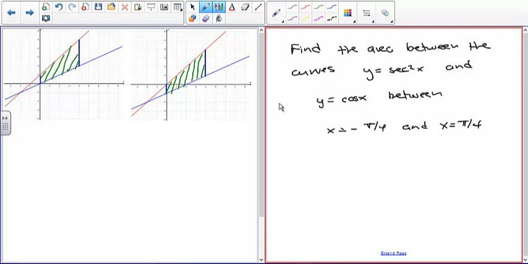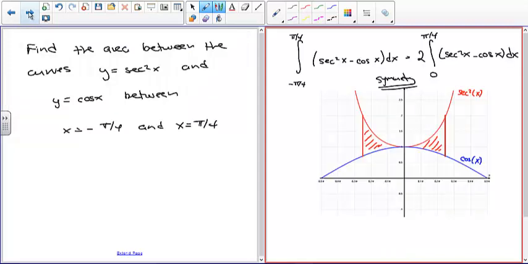At that point, unless you're some math savant, you may not know which function is greater, which one is above the other. So obviously, it's critical that you plot these things. You could plug some numbers in and check them out. If you did x equals 0, you'd find they're equal to each other. You could try x equals negative pi over 4 and plug it in and find which one's greater. But those are just single points, so it's always better to plot it out.